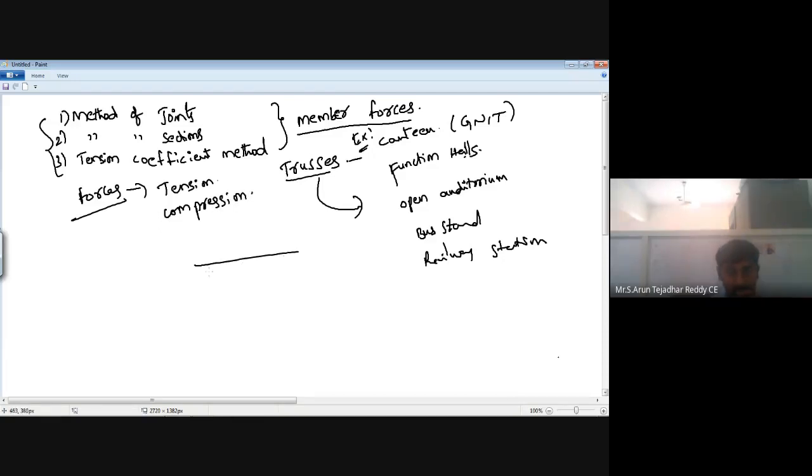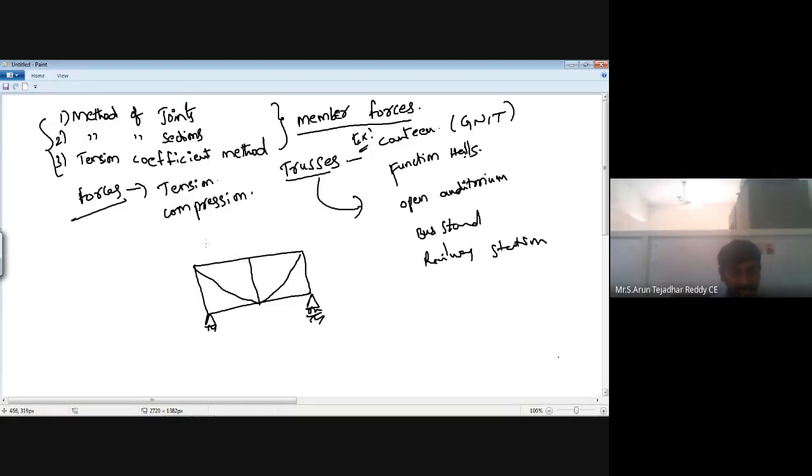For example, this is your truss. In this truss, first of all find how many joints are available. After that, how many members are available. After that, which member is in tension and which member is in compression.